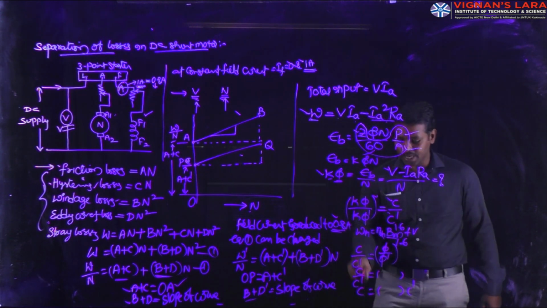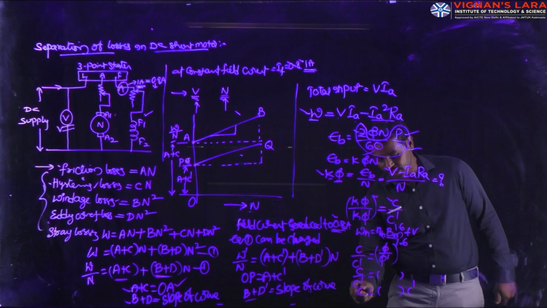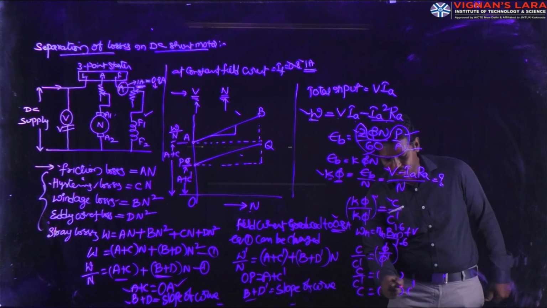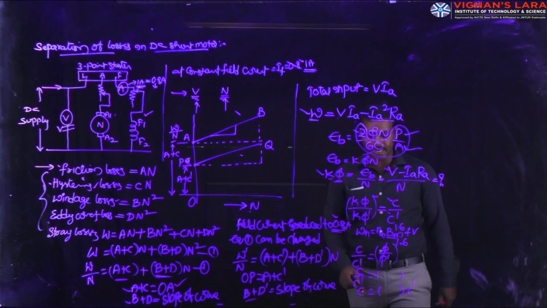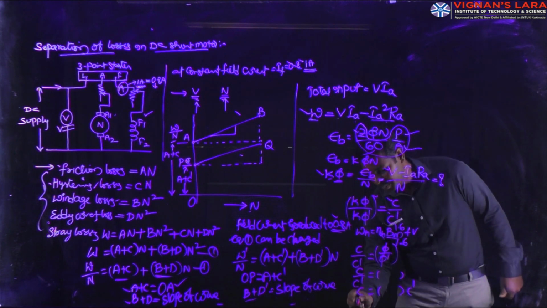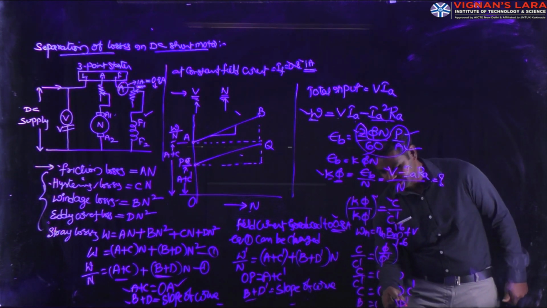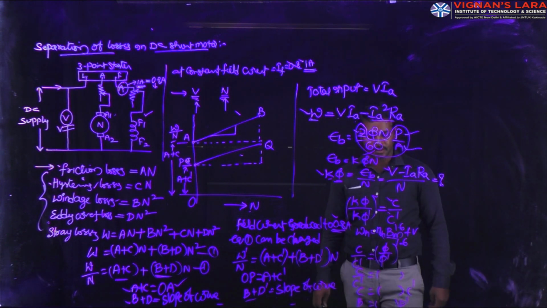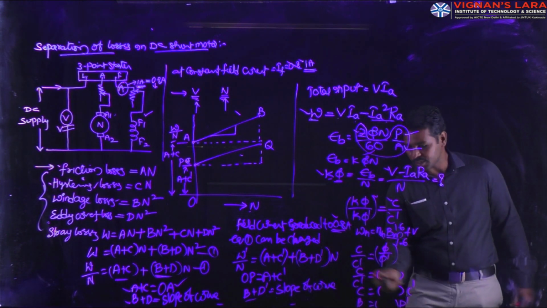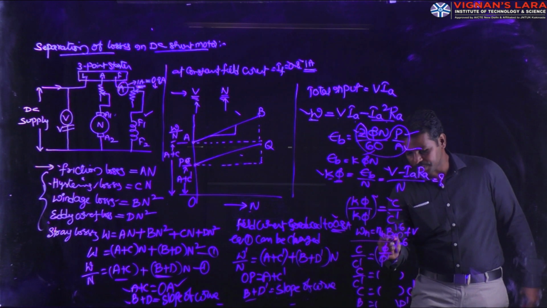Based on these two expressions, C is equal to some constant multiplied with C dash, and D is equal to some constant into D dash.